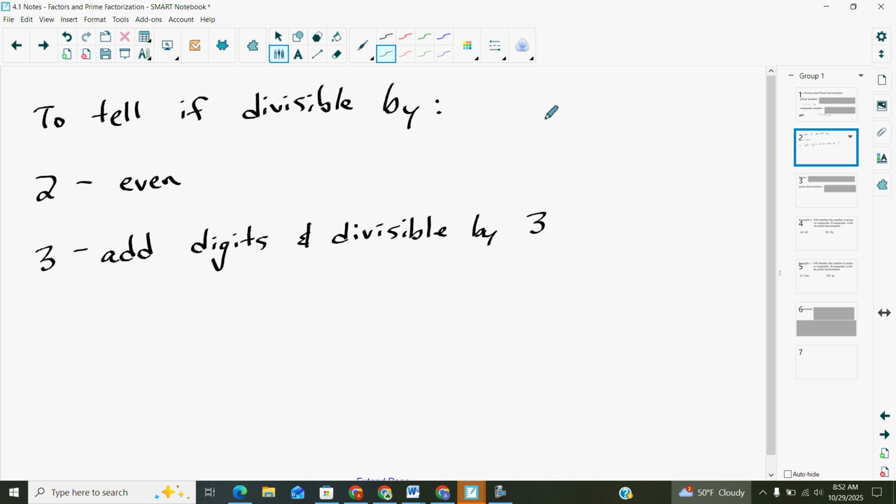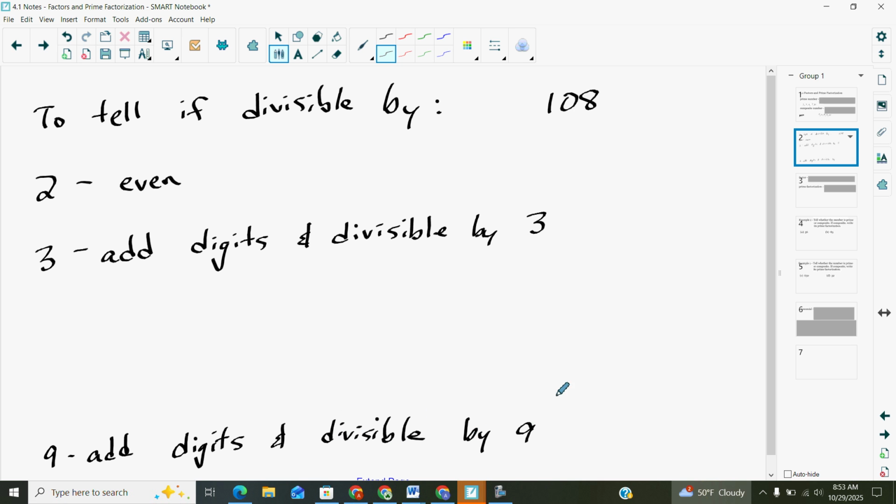So if we look at the number 108, we can very quickly tell that it's divisible by 3 by doing 1 plus 0 plus 8 is 9. 9 is divisible by 3, therefore 108 is also divisible by 3. 9 works exactly the same way, except we're now checking to see if it's divisible by 9. 1 plus 0 plus 8 is 9. 9 is divisible by 9. So 108 is divisible by 9.